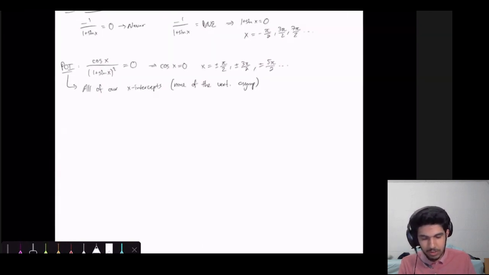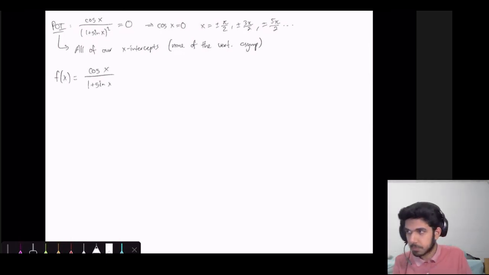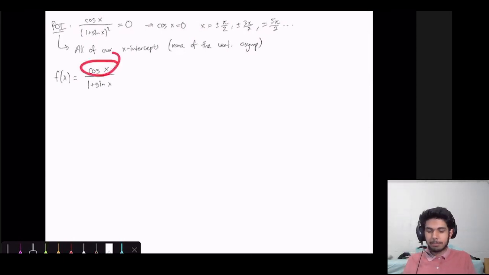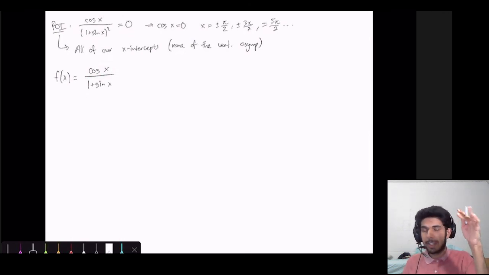Okay, so now let's return to our function. We had f of x equals, shoot, I forgot what it was, cosine x over 1 plus sine x. So we should remember that cosine of x is periodic with period 2 pi, and sine x is periodic with period 2 pi as well. So we should restrict our vision to an interval that is of size 2 pi.